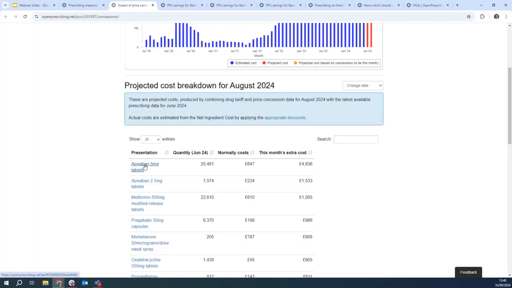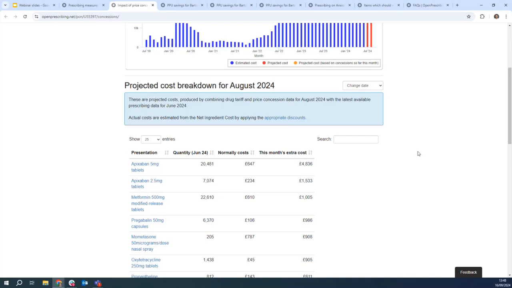So apixaban generics are not available, so the pharmacies are getting roughly paid to supply brand. It's unlikely that you're going to wholesale review and switch all your apixaban patients to, say, rivaroxaban for a month to then change them back, or by the time you've done any work on this, the price concession is over and things have gone back to normal.